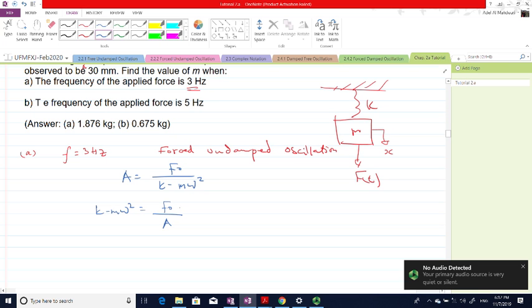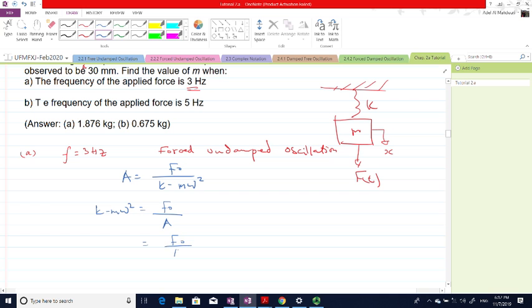We move K to the other side, so we'll have F naught over A minus K, and you divide all of them by minus omega squared. Then you'll get the mass, right?